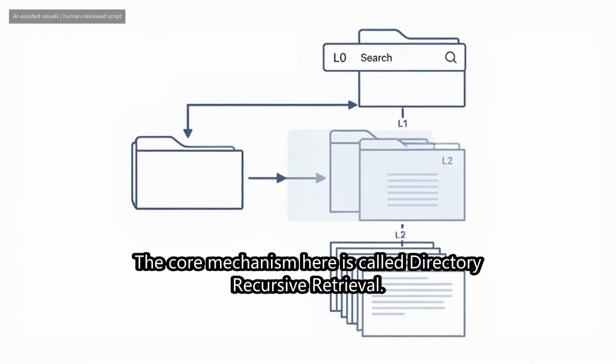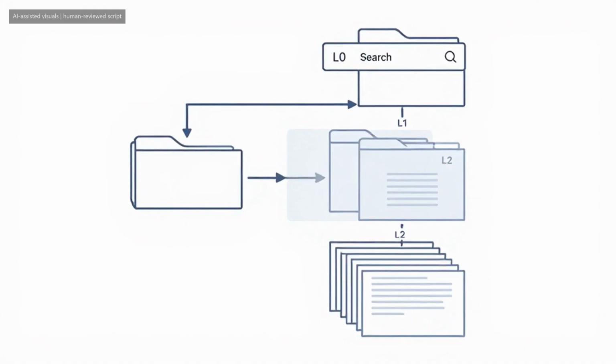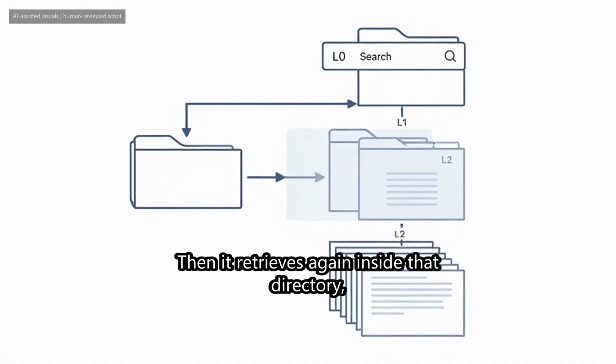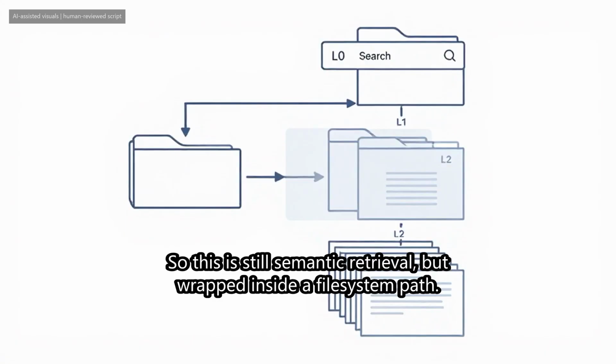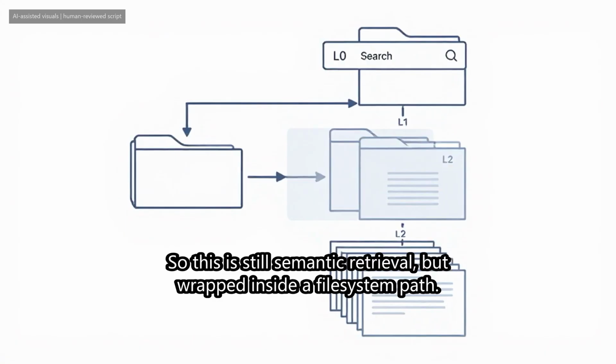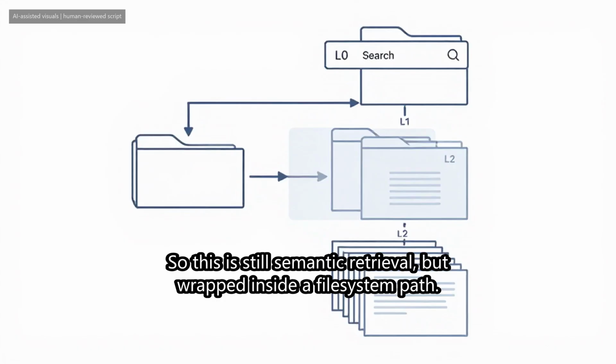The core mechanism here is called directory recursive retrieval. OpenViking first uses vector retrieval to find a strong directory candidate. Then it retrieves again inside that directory, and can keep drilling into subdirectories if needed. So this is still semantic retrieval, but wrapped inside a file system path.